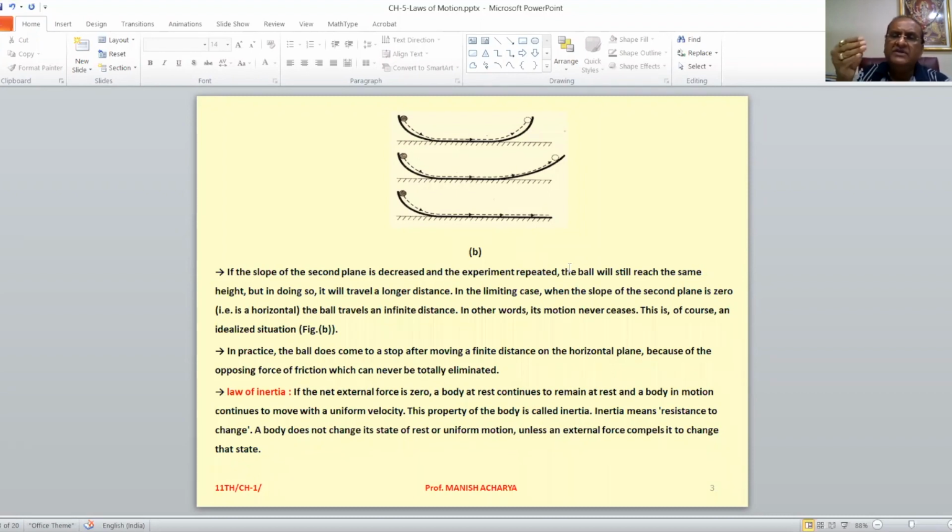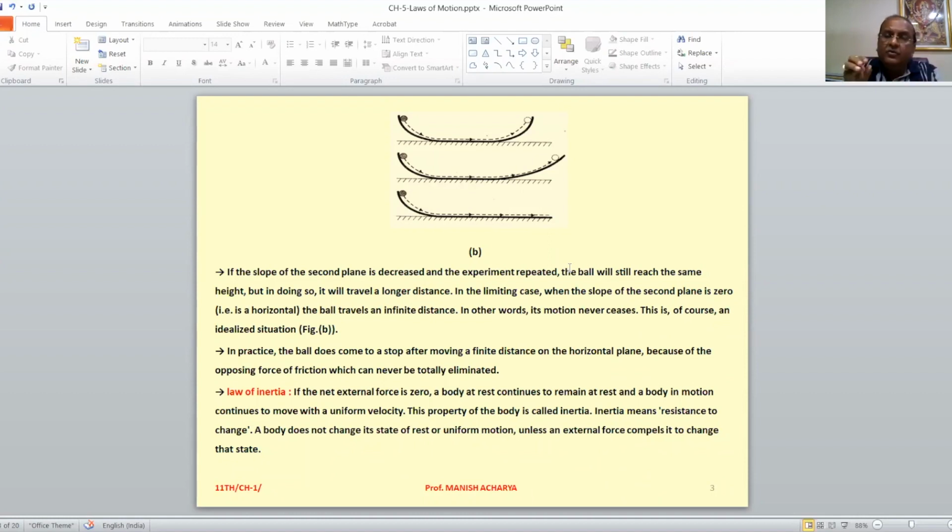So inertia means the characteristic of the body due to which it resists or opposes any type of change in the state of motion, right? If the body is steady or stationary, then the body itself has a tendency to remain stationary.